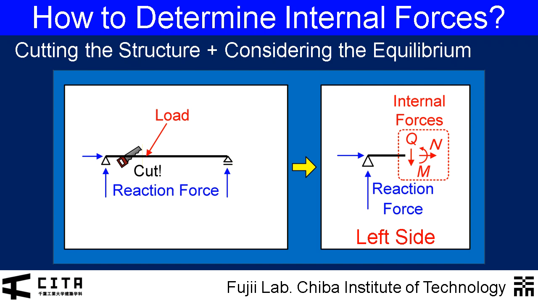In this case, the reaction force must be balanced by the internal forces that appear at the cut section. By applying the equilibrium equations, horizontal force, vertical force, and moment equilibrium, just as we do when finding reaction forces, we can determine the internal forces.